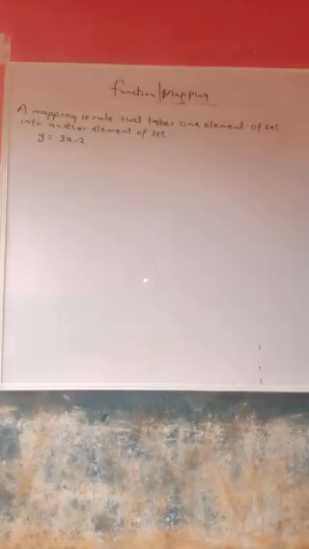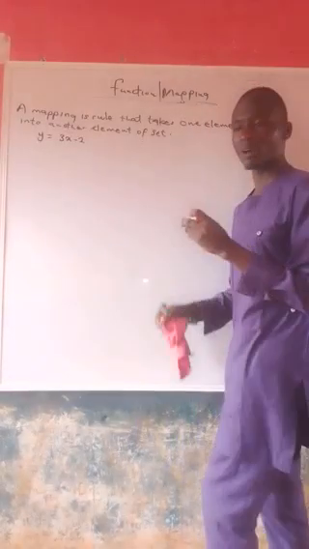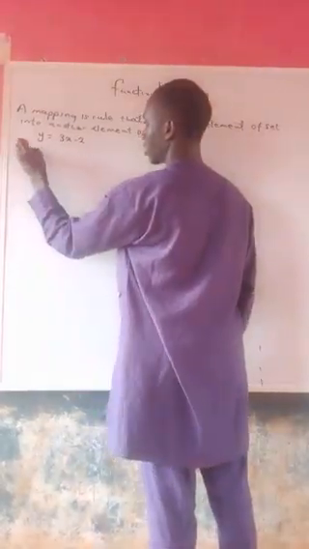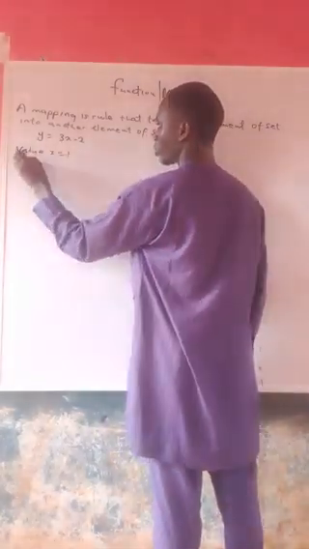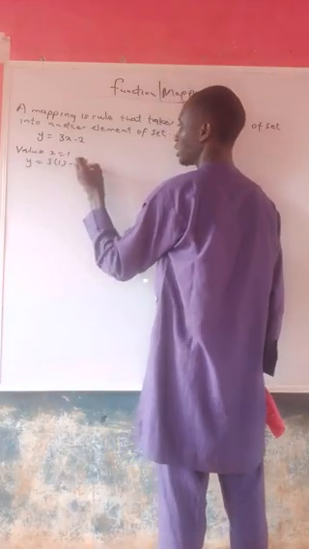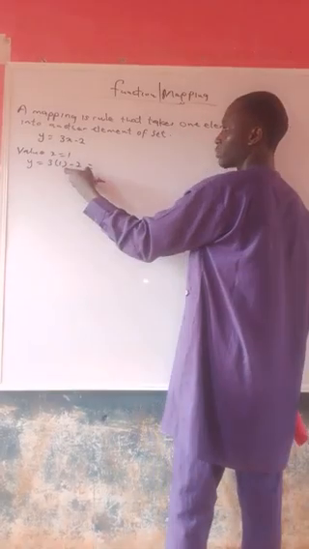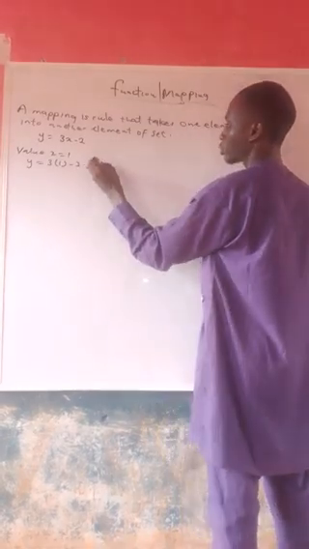If we pick the value of x, let's say when the value of x is 1, we obtain y equals 3 into bracket 1 minus 2. 3 multiplied by 1 gives us 3, and 3 minus 2 gives us 1.